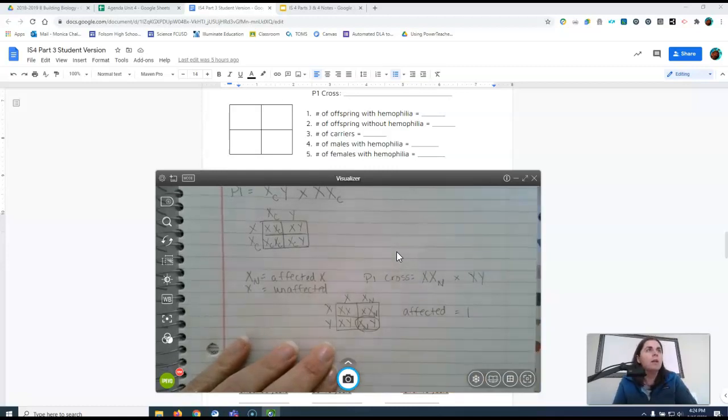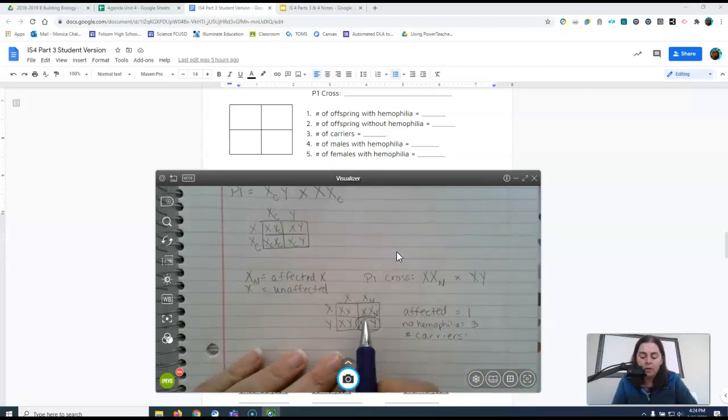Okay? The number of offspring without hemophilia is actually going to be 3. All the rest of them do not have it. How many carriers do we have? That means they have it, but they're not expressing it. We have 1 carrier. And the number of males with hemophilia?